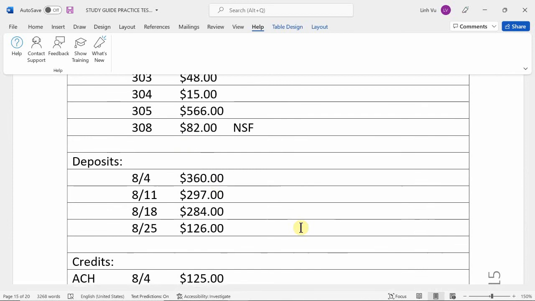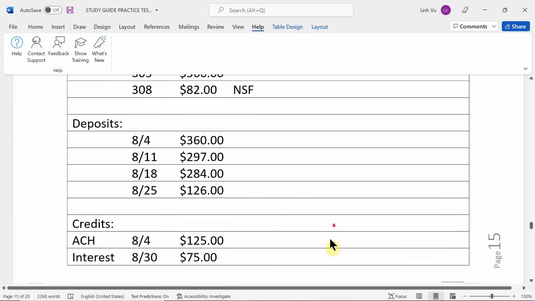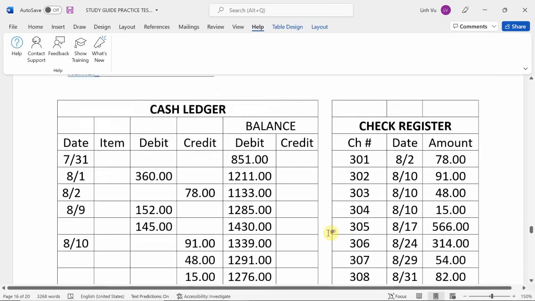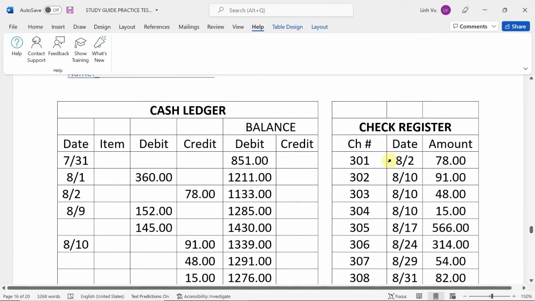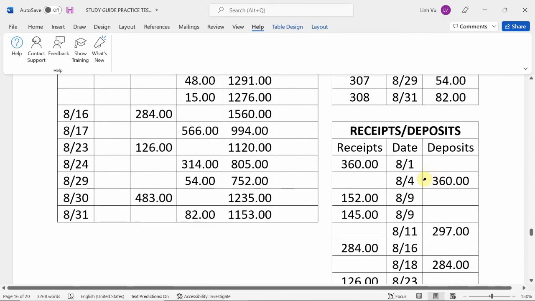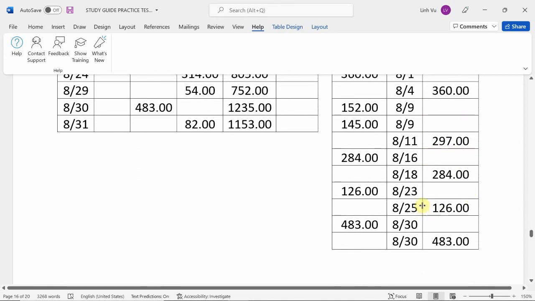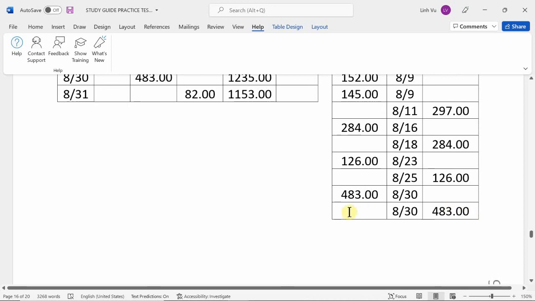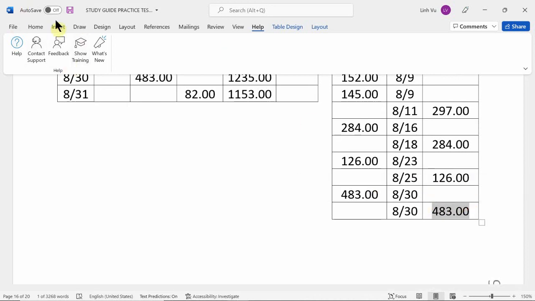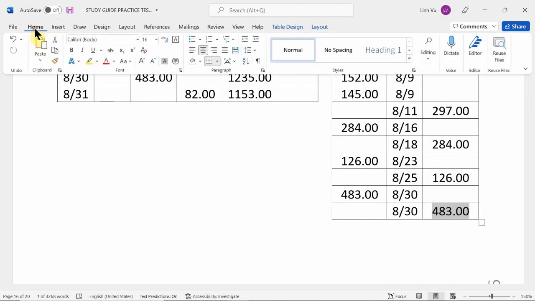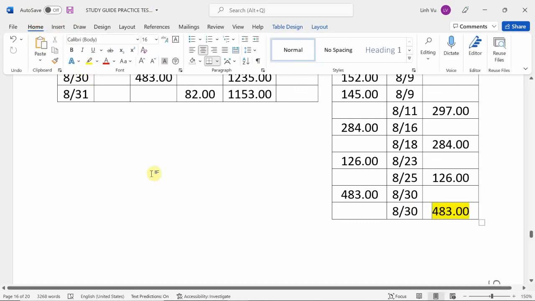We got 360, 297, 284, and 126. So let's see. Okay. I have the 360, the 297, 284, 126. So which one is missing? 483. 483 is missing. Okay?